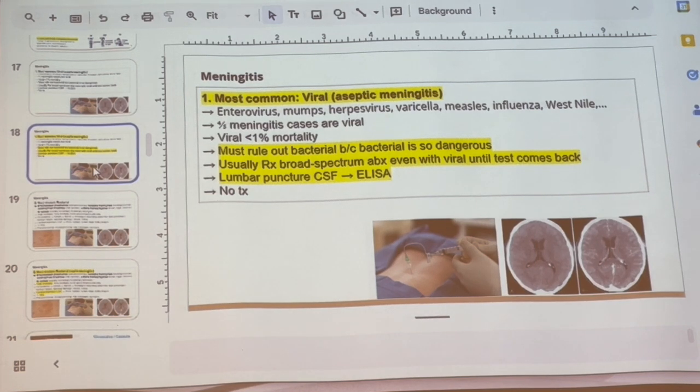So let me think, are there any more? We do nervous, cardiovascular, gastrointestinal, let me check.